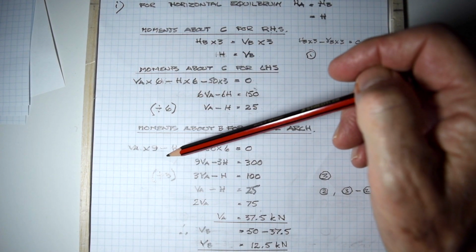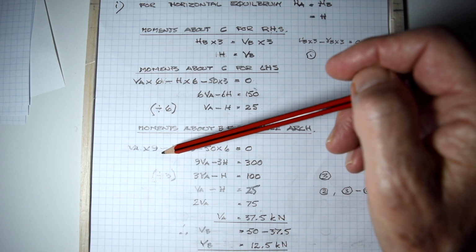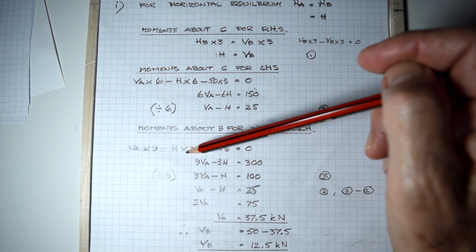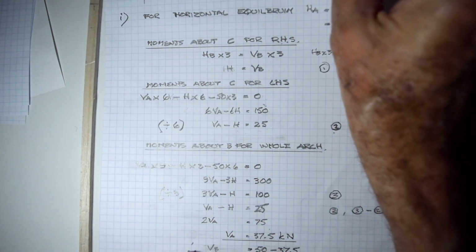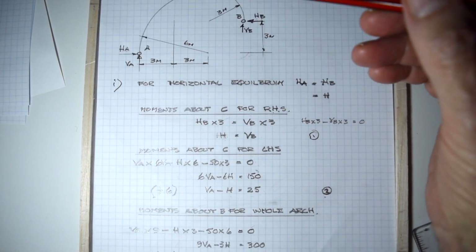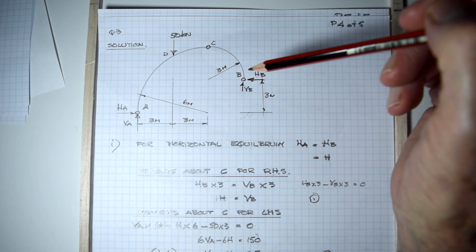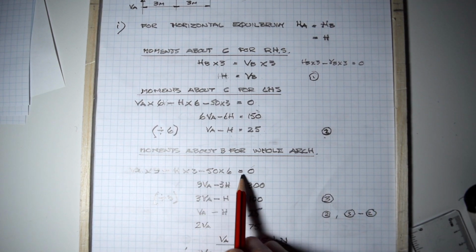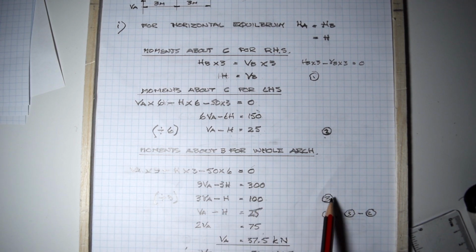You've got VA times 9, the left-hand vertical reaction times the horizontal distance from A to B, minus H times 3, anti-clockwise around B, minus 50 times 6 meters, anti-clockwise around B. When you've done the arithmetic, 9VA minus 3H equals 300, divide through by 3, and 3VA minus H equals 100, equation 3.